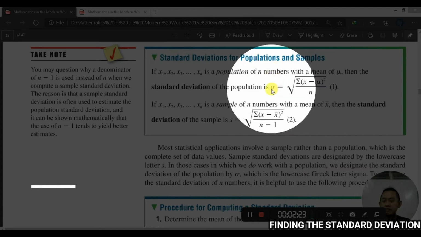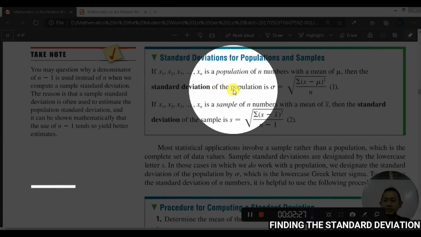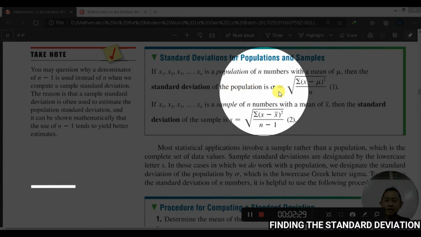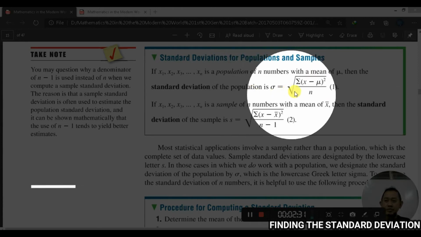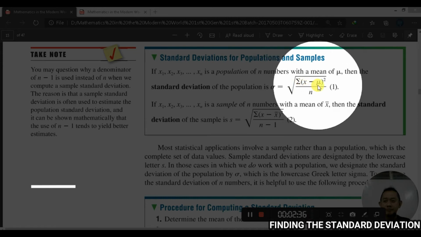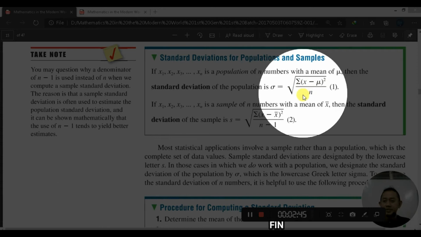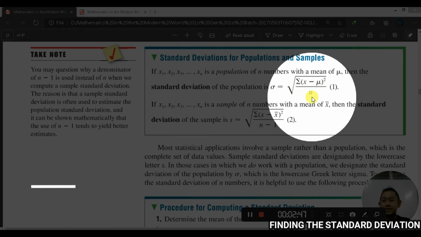So this is the symbol or the formula for looking for the standard deviation of a population. So for example, the square root of summation, the sum of x minus mu raised to 2, divided by n, or your n is the number of your data.